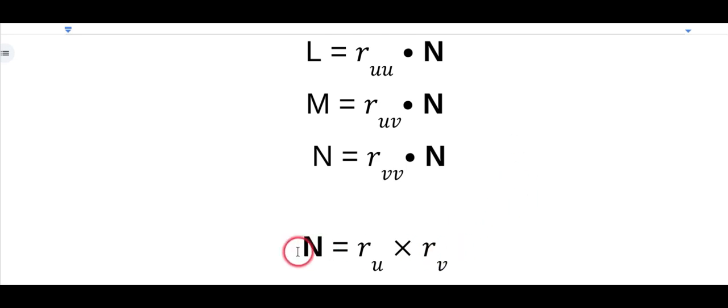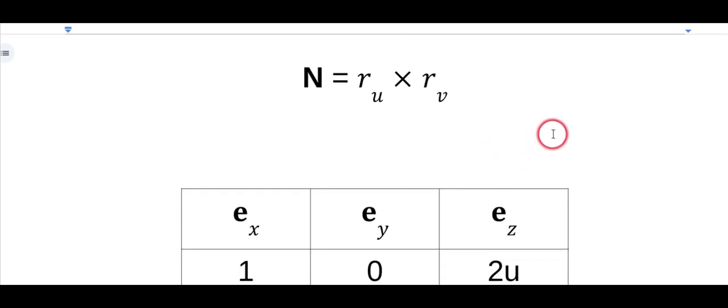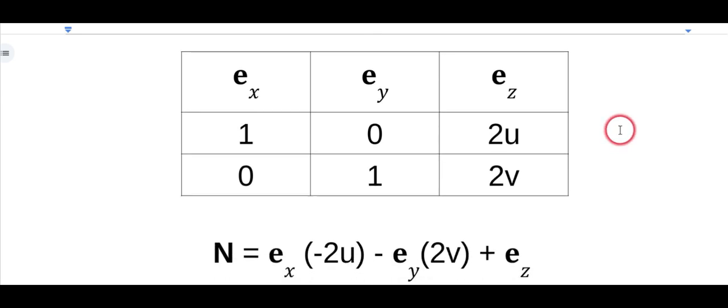So we need to do the cross product of r_u and r_v to find this normal. And we know how to do that, remember? So in your mind, you cross out this column and this row. So it's this times this minus that times that. So it's a 0 minus 2u. And that's our ex basis vector component.